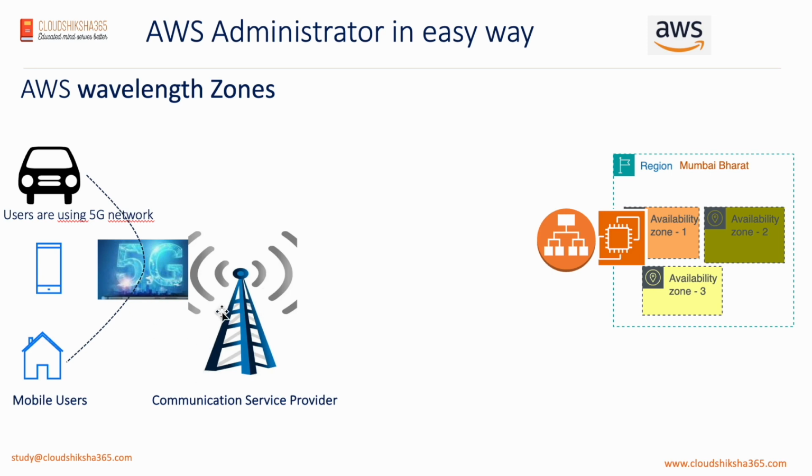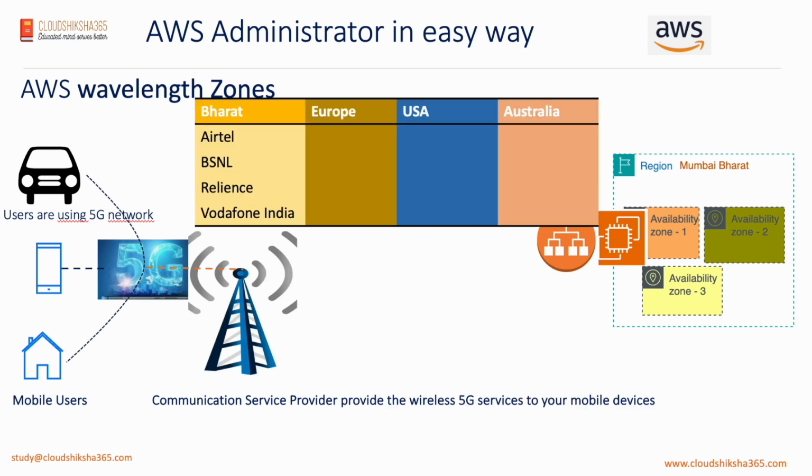So before we complete this flow, I will explain a little bit about how communication service providers connect to your mobile devices. Let's take a look at very popular communication service providers. If I talk about India, you will see here Airtel, BSNL, Reliance, Vodafone India. These are the top service providers. There are many more, but I'm just taking a few names here.